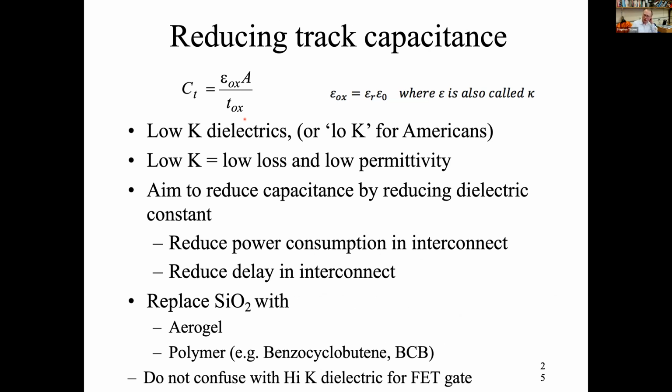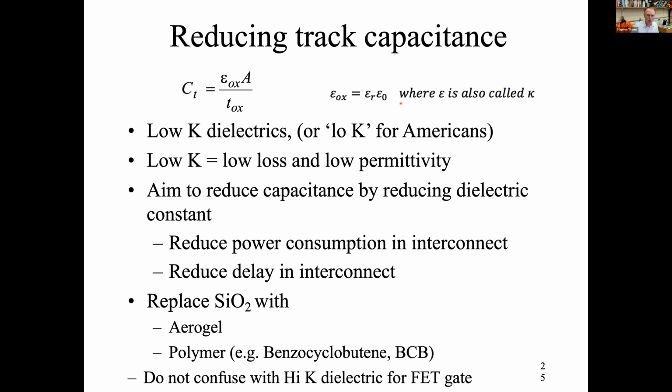So how do you reduce track capacitance? Well, the basic equation is that the capacitance is equal to the area divided by the thickness, so that's the thickness between one layer and the next, and then here we have the dielectric constant or permittivity, also called K. So this then gives us the idea of low K dielectrics.